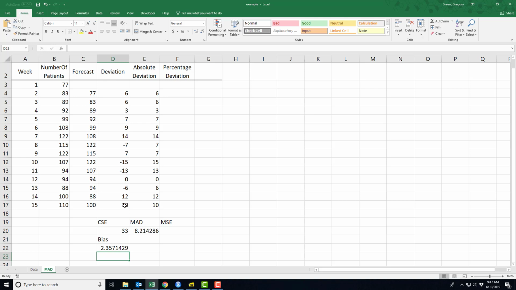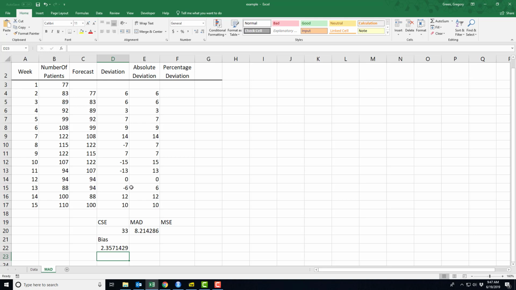The sign on the bias, the sign on the CSE being positive tells me that I am under forecasting, and the magnitude of the bias, 2.35, don't really have any meaning for that yet. We may not until we have another type of forecast, for example, some sort of moving average or some other type of forecast to compare and say, okay, well, this one has less bias using this model than it does using a different model.